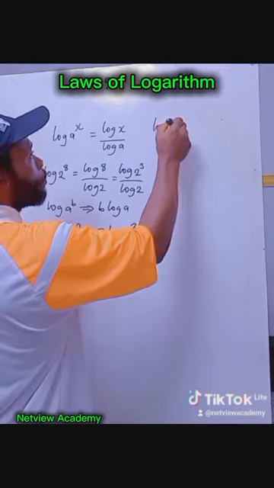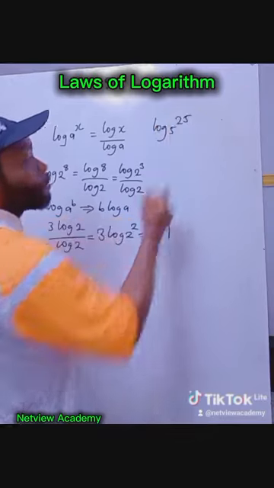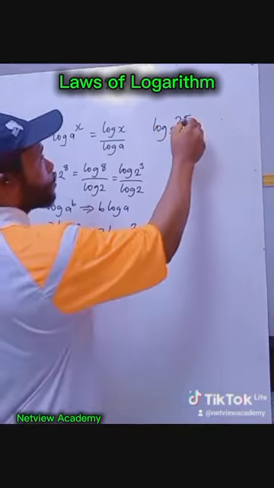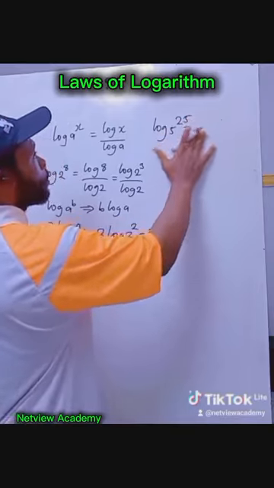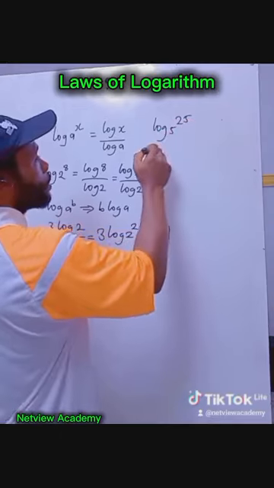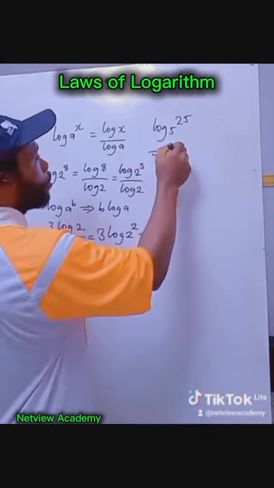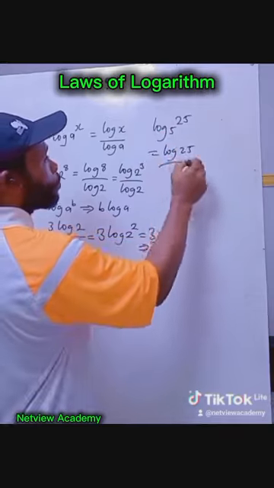Log 5 raised to the power 25 is the same thing as log 25 over log 5.